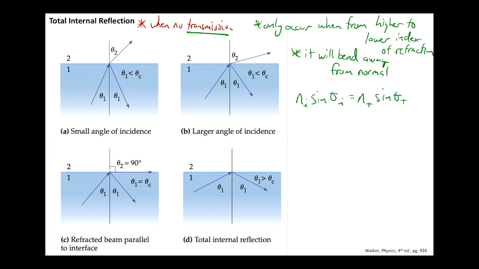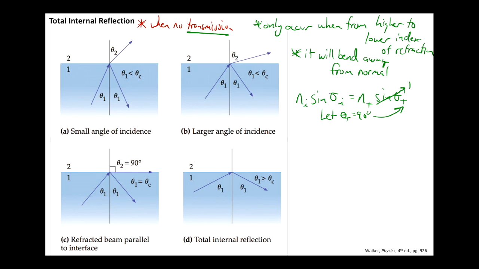At best, it's going right along the surface of the water or whatever that first material is. So let's let theta t equal 90 degrees and plug that in up there. What's the sine of 90? It's 1. So that whole thing is going to become 1.